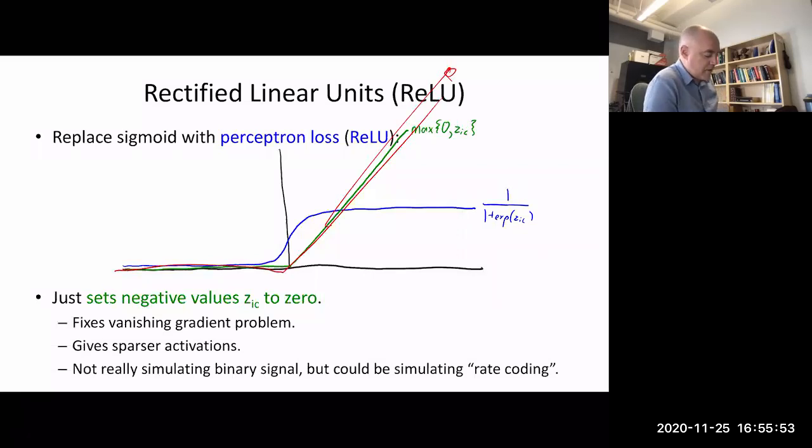It fixes the vanishing gradient problem, gives sparser activations, and unlike the original neuroscientific orientation, which was maybe spike time dependent, here we can think about this as doing some sort of rate coding, where you have a real valued rate code instead of a 1 or 0 activation.